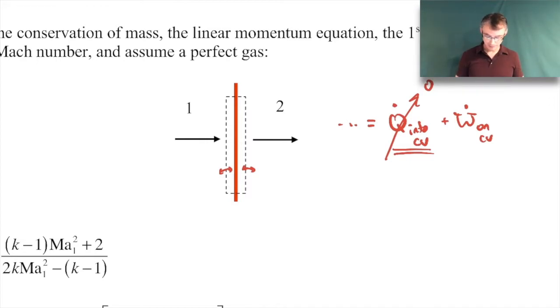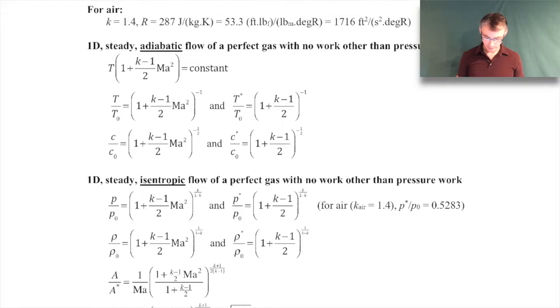And if that's the case, when we go back to our expressions I showed before, we had this expression for adiabatic flow of a perfect gas. Right? So that's the situation we have here: adiabatic flow through this control volume. So this expression here for temperature is really just our definition, related to the stagnation temperature.